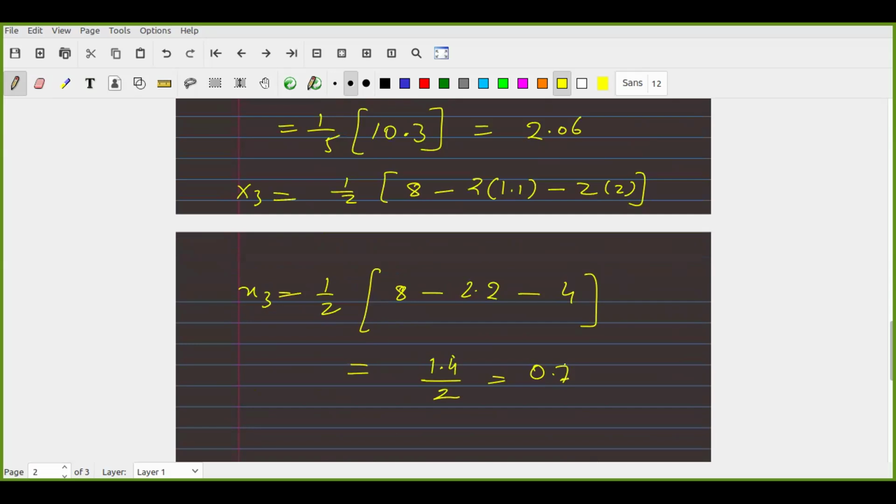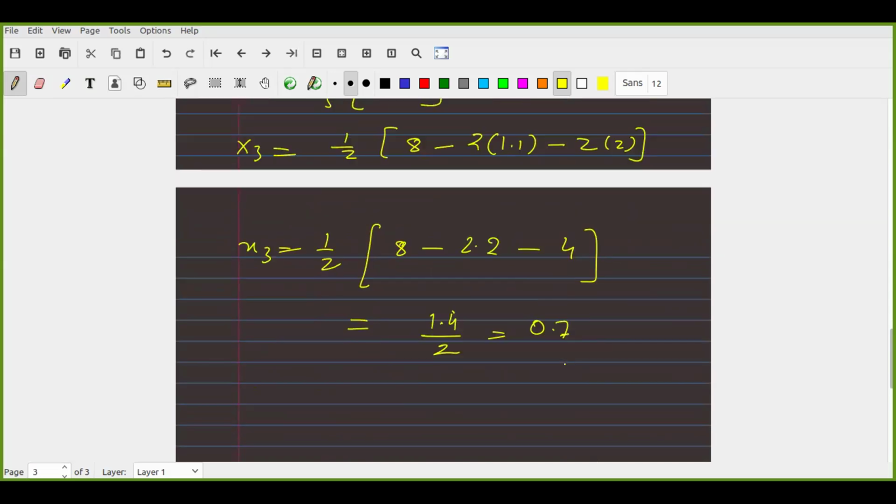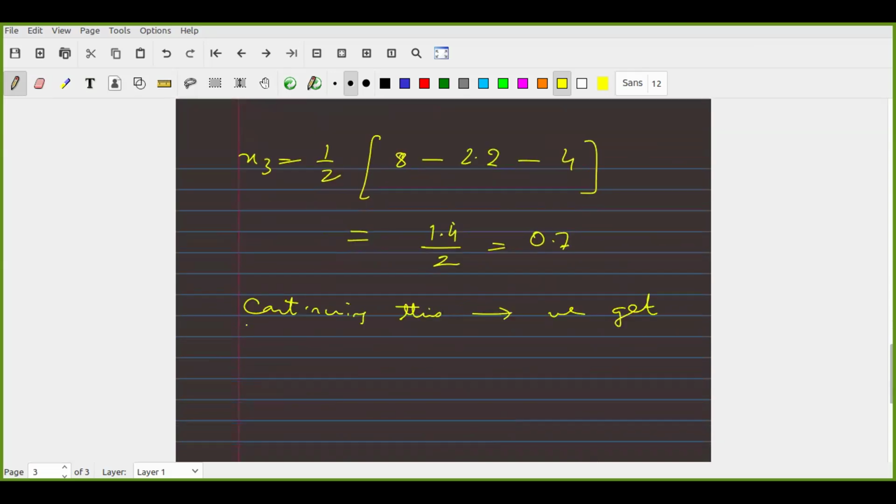If you continue this, continuing this, we get, maybe after another 2-3 iterations, well, in the next iteration, I did get x1, x2 very close, but x3 was still a little away.